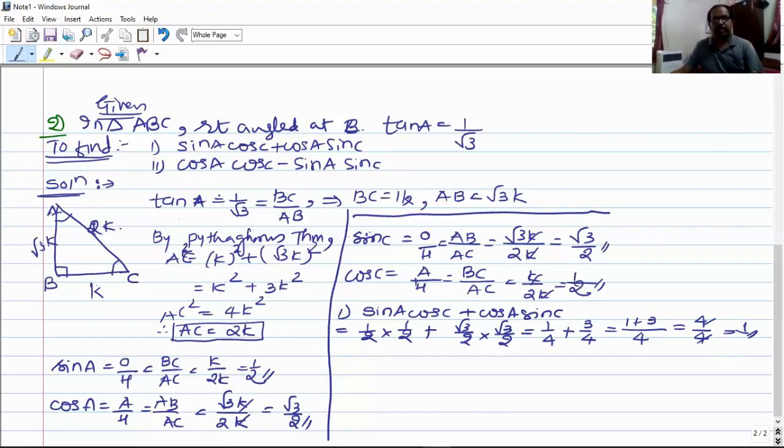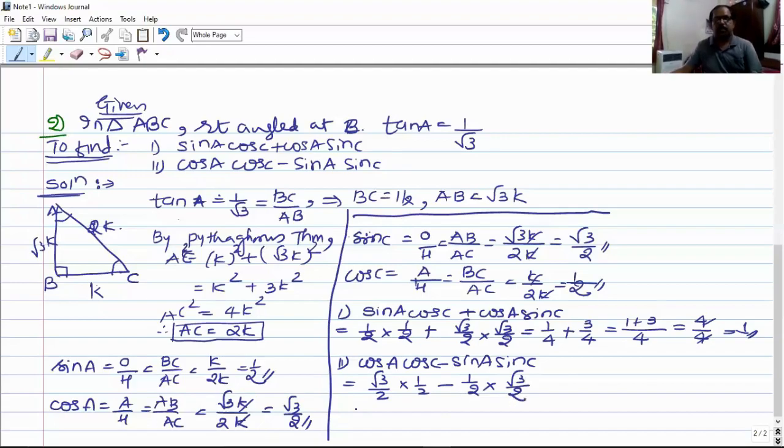Now let's move ahead to the second expression. The second expression given is cos A cos C minus sin A sin C. Again put the values and simplify. Cos A is root 3 by 2, cos C is 1 by 2, minus sin A is 1 by 2 and sin C is root 3 by 2.